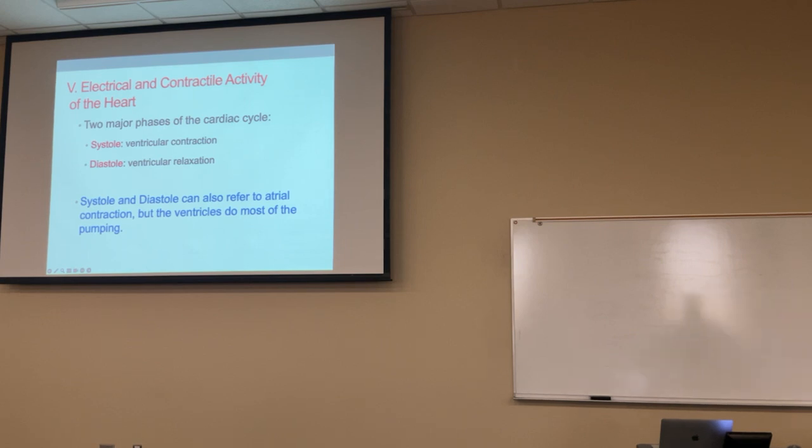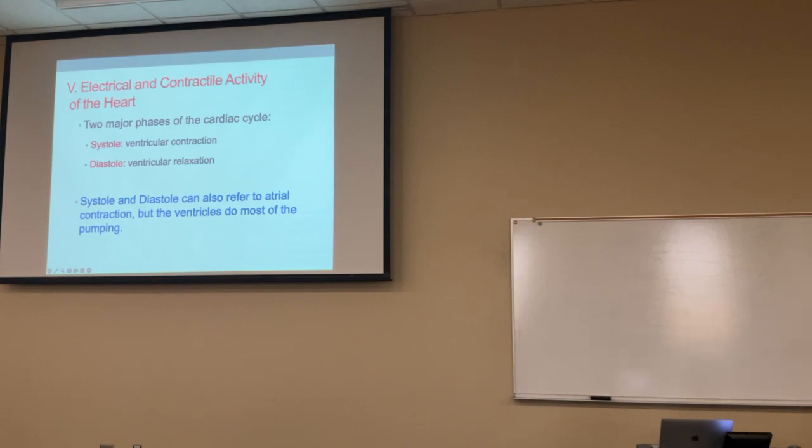Then the signals stimulate the AV node, which sends out signals via the atrioventricular bundle, which goes down partway through the interventricular septum. Then you have the right and left bundle branches that go down the rest of the way through the interventricular septum. And then finally you have the Purkinje fibers that supply the walls of both ventricles.